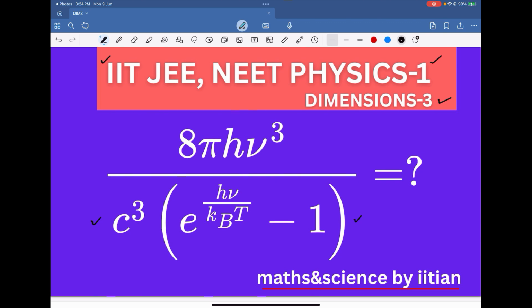What is h? h is Planck's constant, which I have discussed in the last lecture. Nu is frequency. Pi is a constant which you need not worry about in dimensional analysis. c is the speed of light. e is exponential, and any power to exponential will be a number.